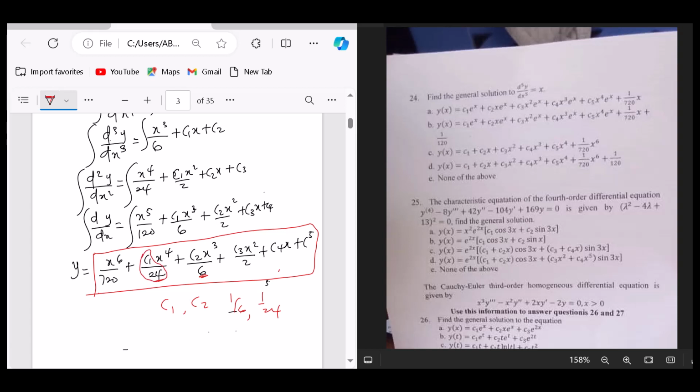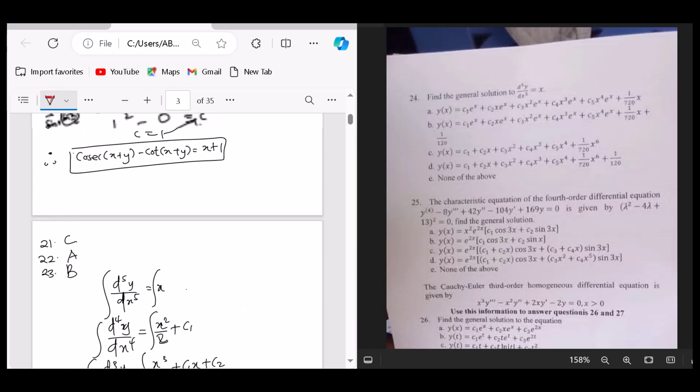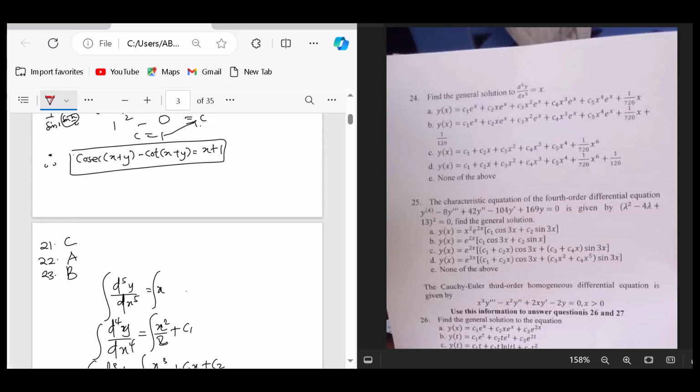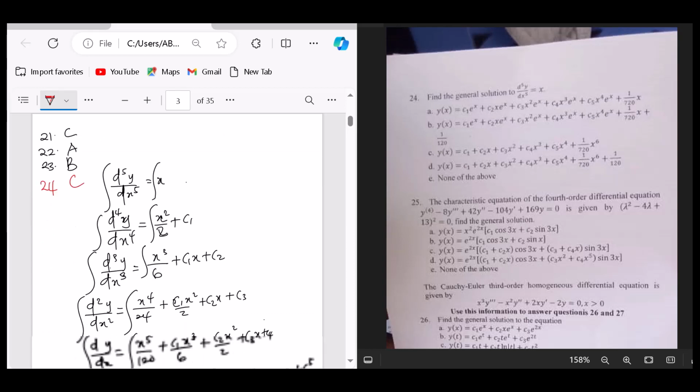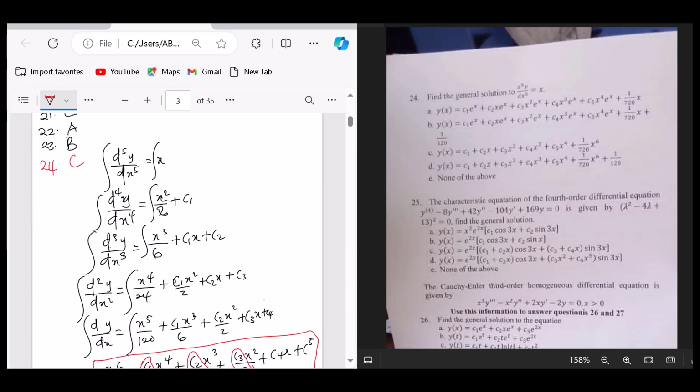So this one can be one constant, can just represent with c1, this one c2, in that order. But here there was nothing like that, so we have to write it in full. So the answer there will be C. Okay, so that's question 24. Answer is C. Now look at question 25.